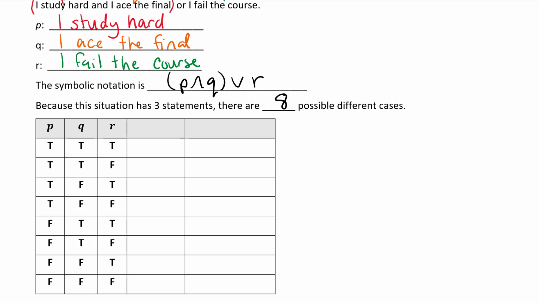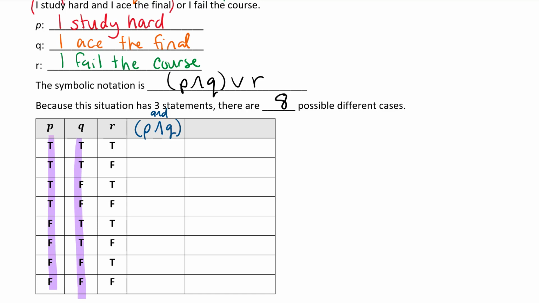So the first column that I'm going to work on is going to be P and Q, and is a conjunction. So the rule for conjunction is true only when both are true. So I'm only looking at the first 2 columns, P and Q, at the moment, okay?